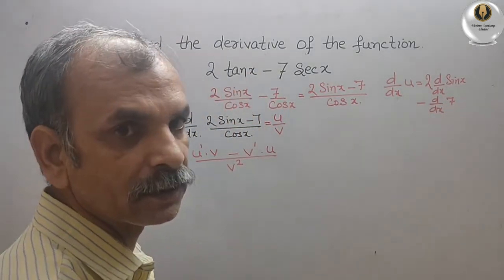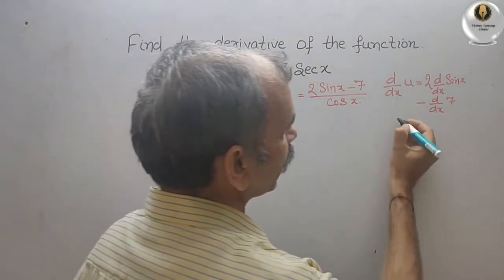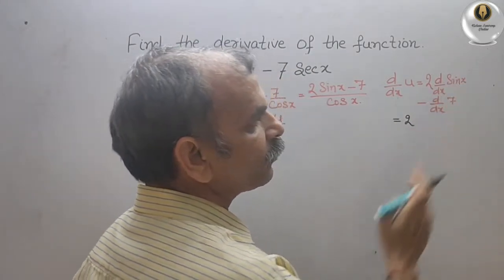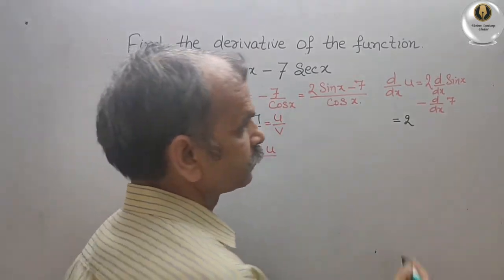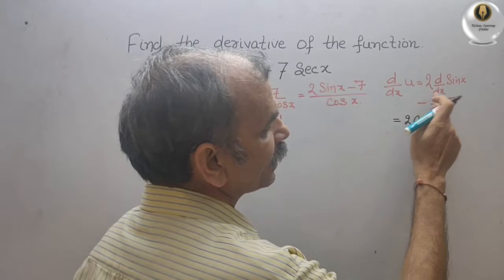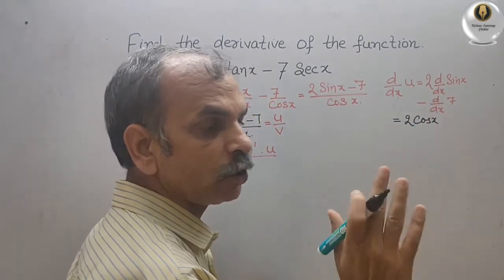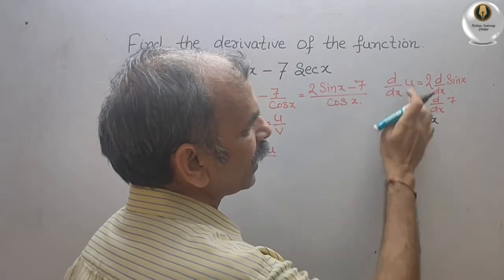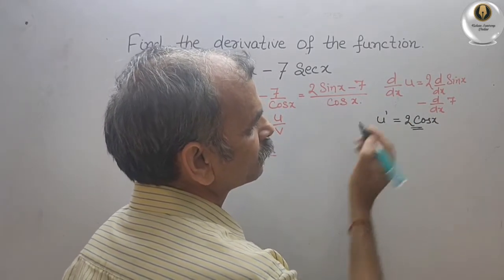How much is it? Just solve it. You get 2, derivative of sin x is cos x, and minus derivative of any constant is 0. That means you will get 2 cos x as u dash.